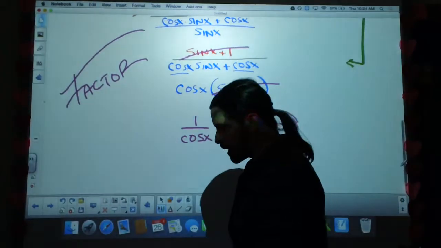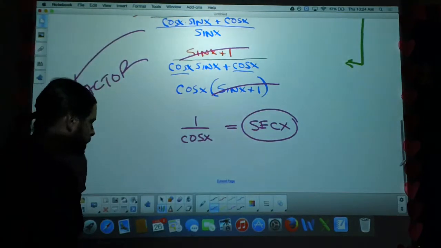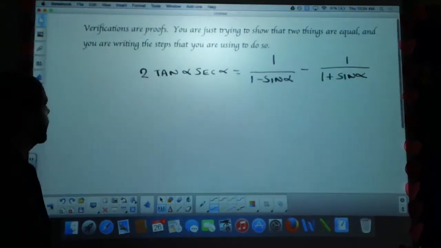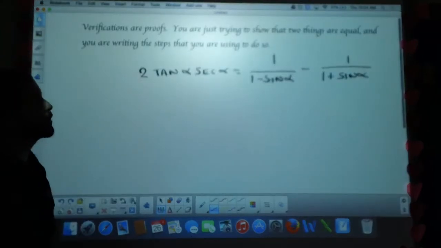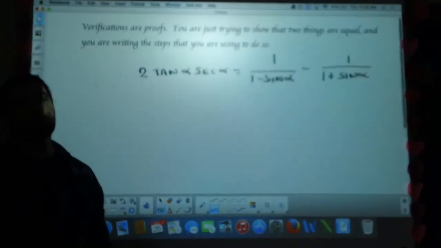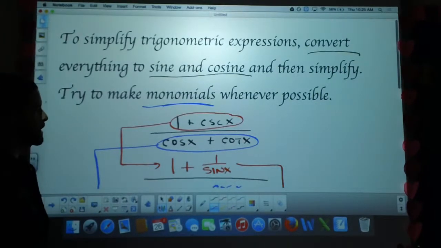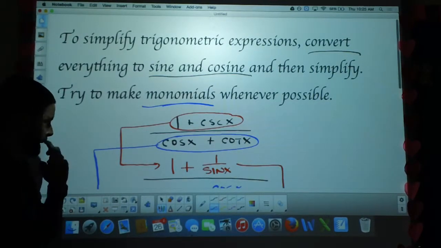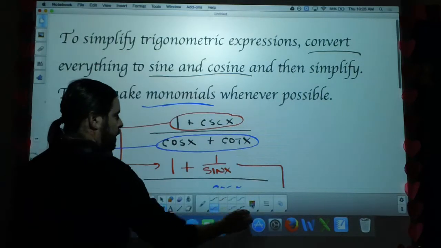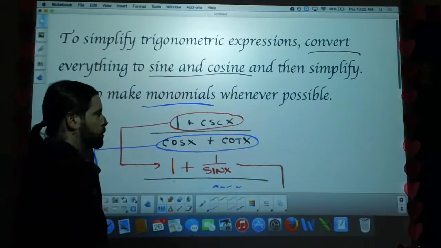There are also problems you're going to encounter called verifications. Verifications are like proofs. You're just trying to show that two things are equal, and you're writing down the steps that you are using to do so. If I went back here in a different color, I'll pick, I don't know, fluorescent green, I'm just going to write down what I did.